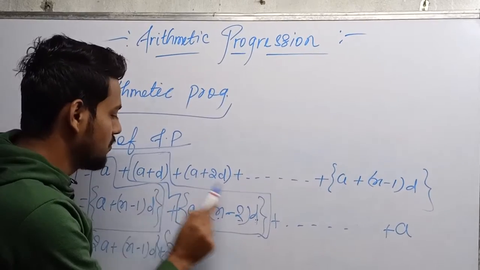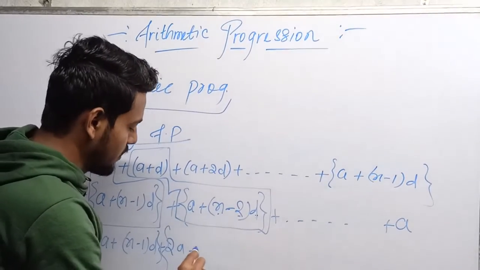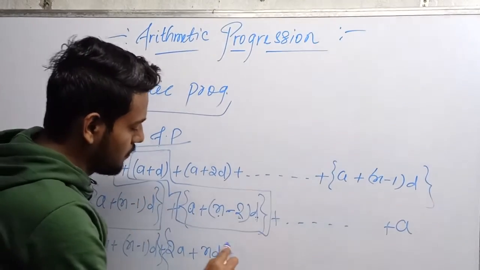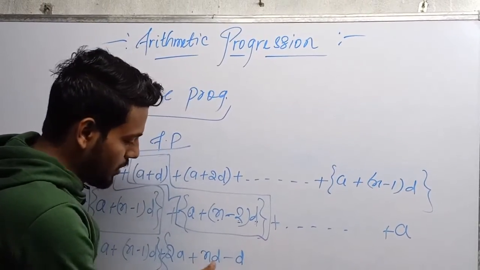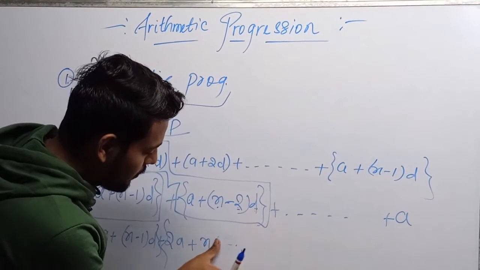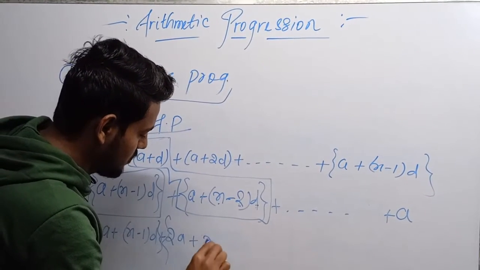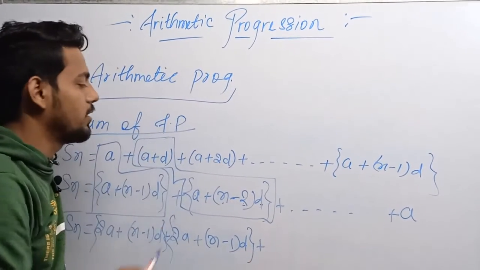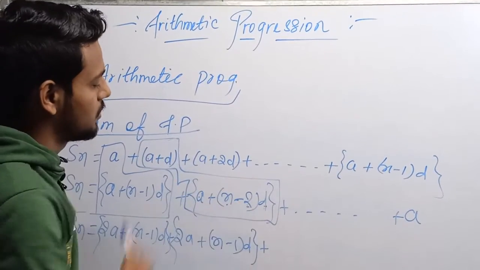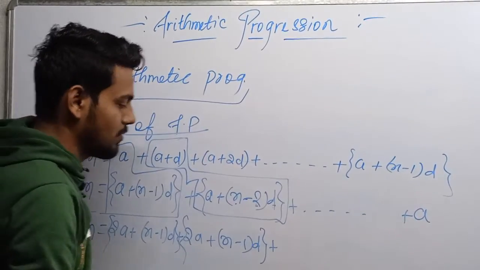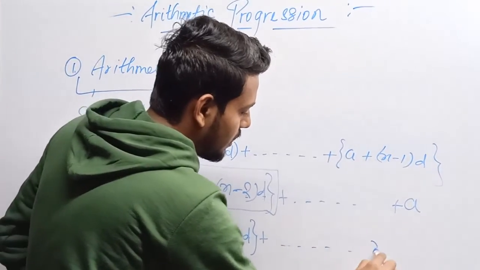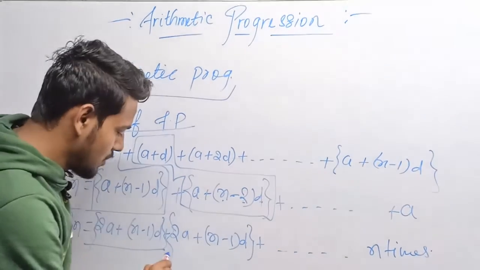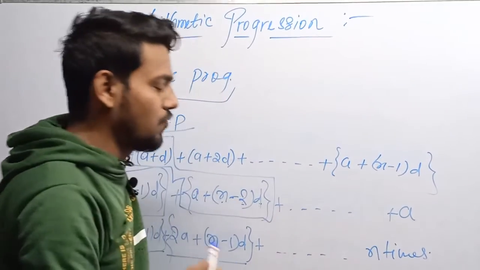Minus 2d plus d becomes minus d, so we can conclude that it is (n minus 1) times d. When we add the third terms, it will be the same. So this same sum is written n times.